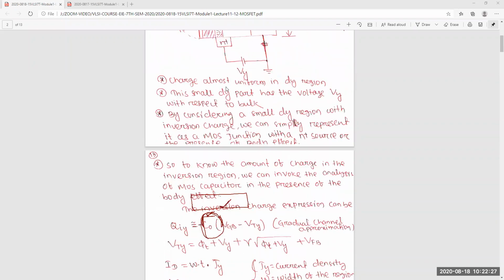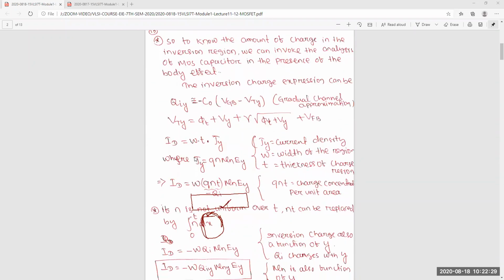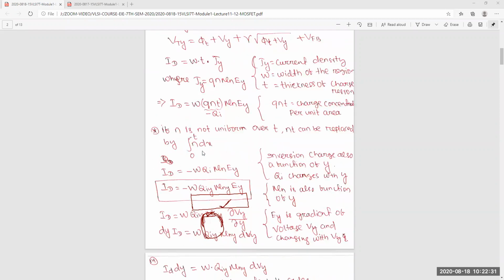Suppose it is not uniform, then what can we do? The charge is the integration from 0 to t of n dx. If it is changing in the x direction, you can use this. But for simplicity, we are assuming the charge is uniform in the x direction, so directly we are using this formula. So this is clear.